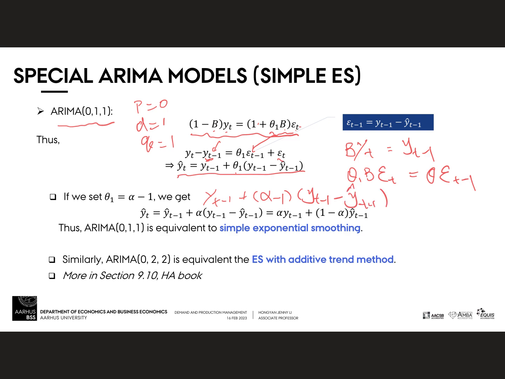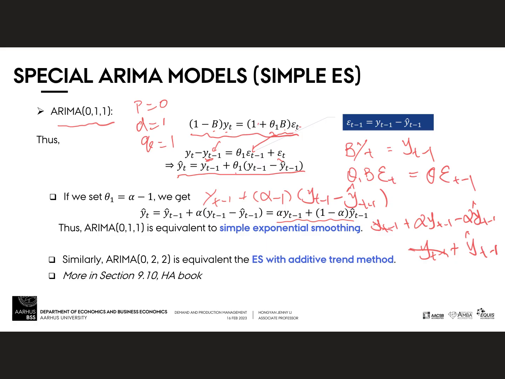Then you open the brackets, and you get yt minus 1 plus alpha yt minus 1 minus alpha y hat t minus 1 minus yt minus 1 plus y hat t minus 1. And then this will be cancelled off, and the rest equals our simple exponential smoothing model. So hopefully this example shows that exponential smoothing models are actually special cases of ARIMA models.